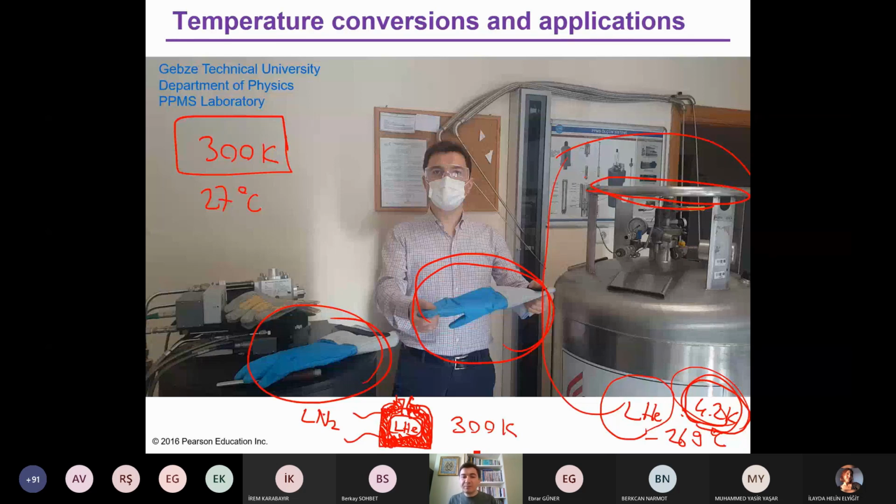And these tanks must be very powerful against thermal expansion. If you heat the liquid helium here, there will be helium gas. And if you further heat the liquid helium, then you will have huge gas production in a very short time. This gas will expand and expand, and then it may explode.